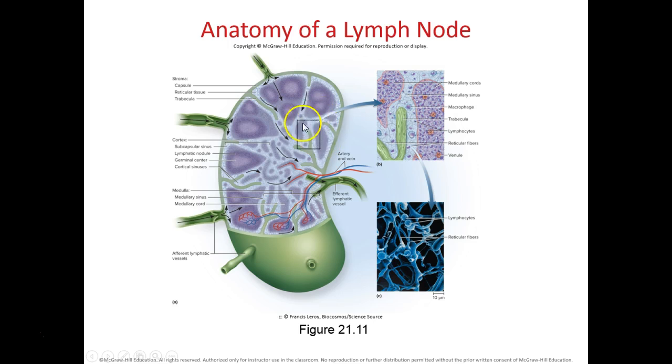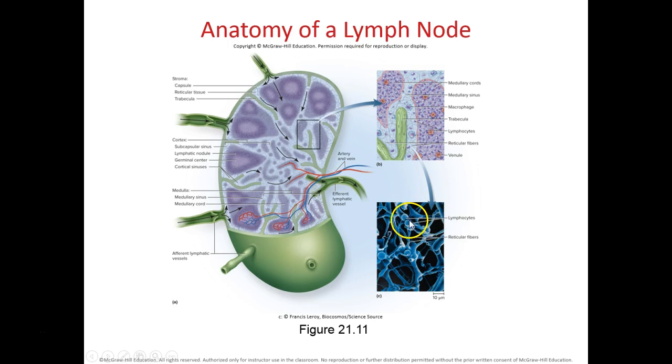So when you blow up these areas of the lymph node, you can see how cellular it is. And then when you blow up even this area, you can see those reticular fibers, so remember what reticular fibers look like from your histology. It also has these lymphocytes that live in this reticular tissue. So as this fluid is going through the lymph node, it is sampling what's in there.